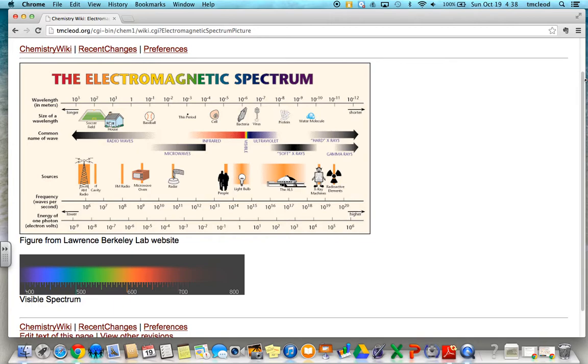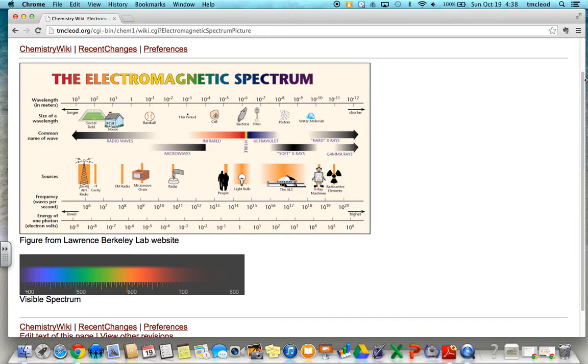and the one below it is just the visible light, the ones that we see. It is Roy G. Biv. In this case, Roy G. Biv backwards. The violet is at 400, and the red is at 700, we're going to say.